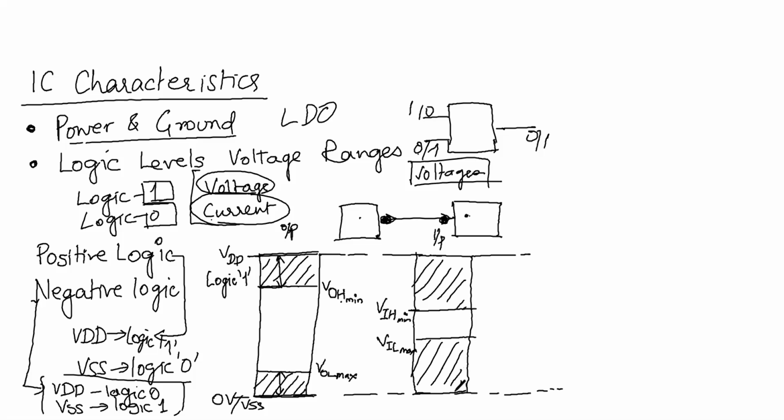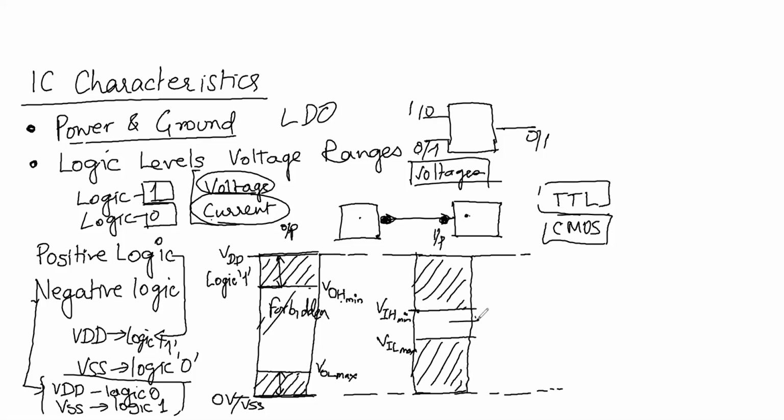For a technology, be it TTL or CMOS, because these are the two most popular technologies in the two categories, this will always be lower than this. This will always be higher than this. So this is forbidden. This does not exist.